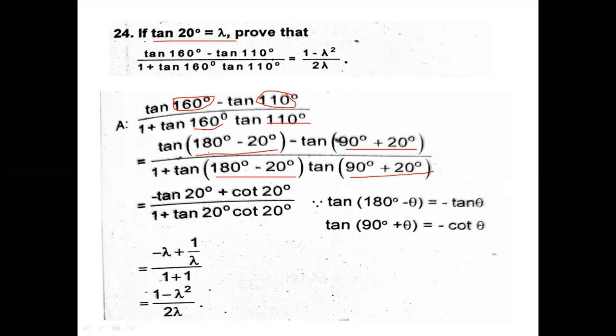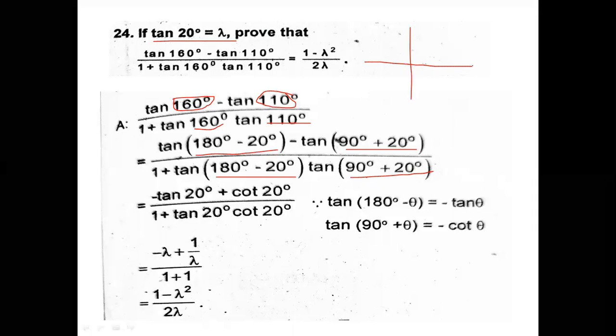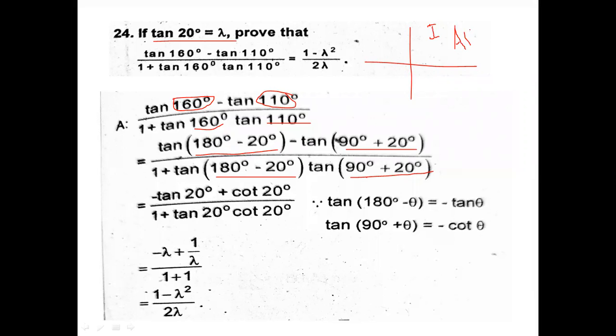Now tan (180 minus 20), in which quadrant does this lie? Listen carefully. In the first quadrant, all are positive.